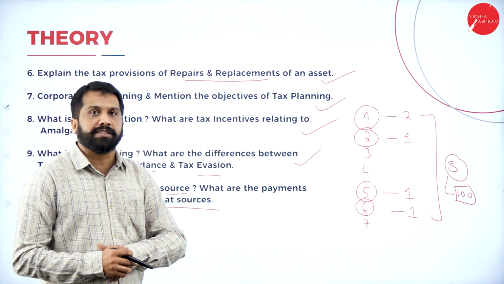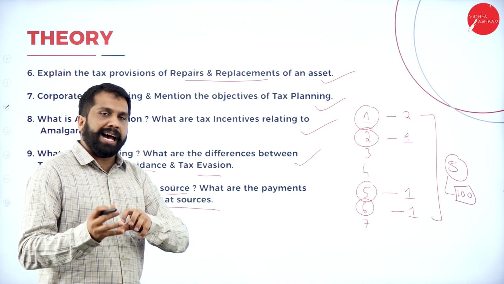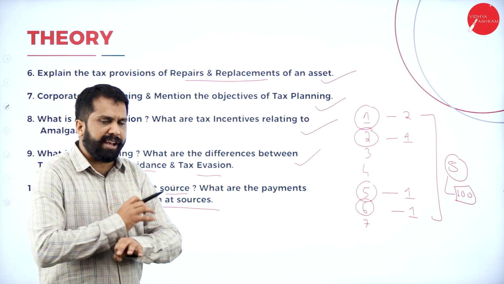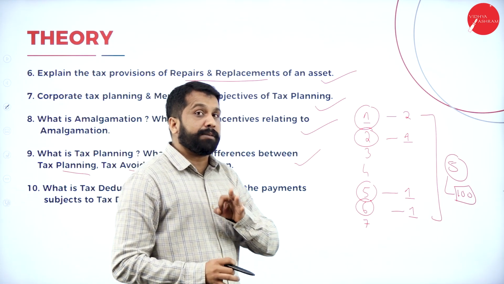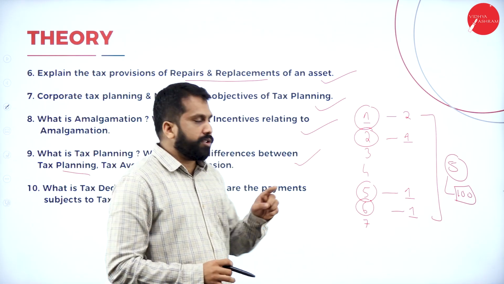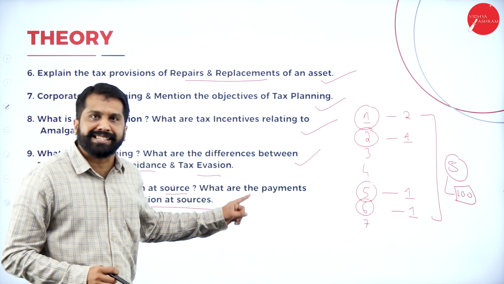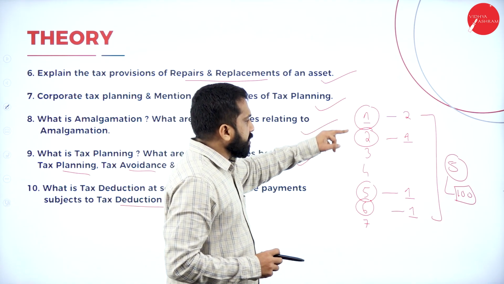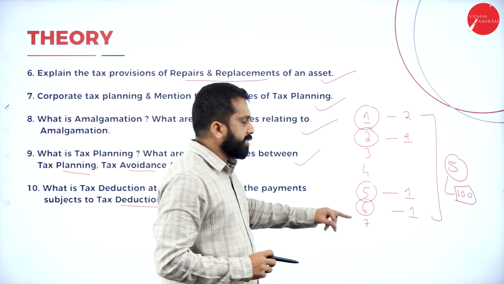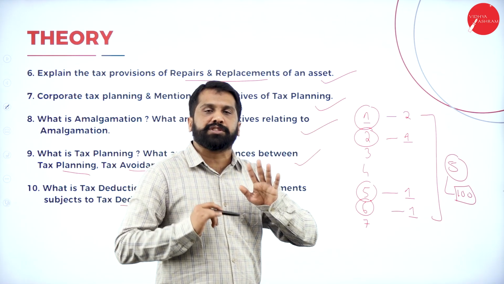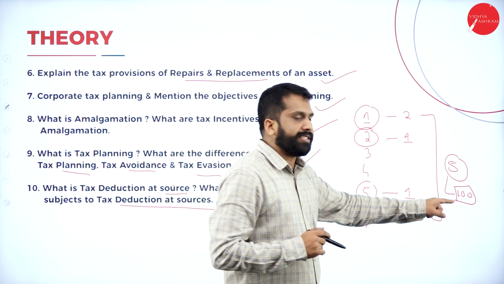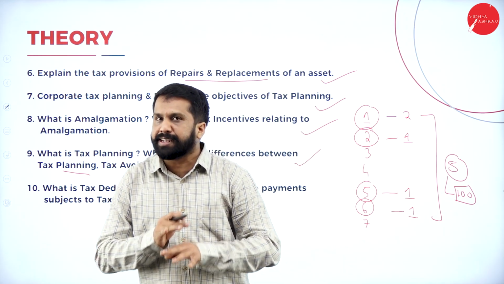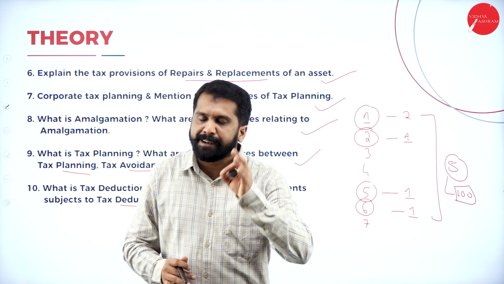Directly you can go and write in your examination, because I have given everything with example points. All the problems you should work out in today's session. For the theory of unit 1, unit 2, unit 5, unit 6, there are only 5 sessions. Watch those 5 sessions. You are done and dusted with corporate tax planning.